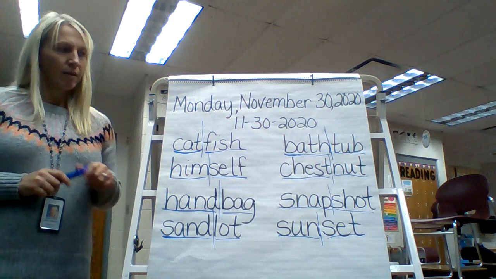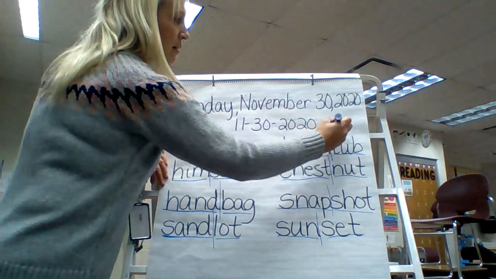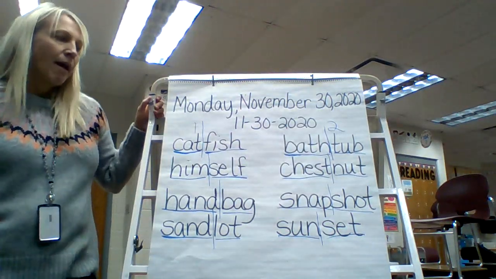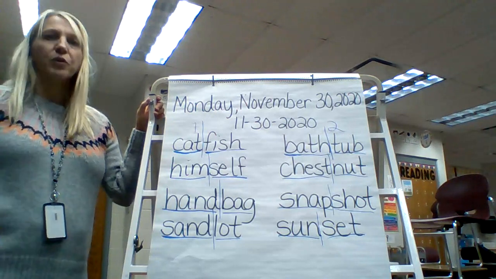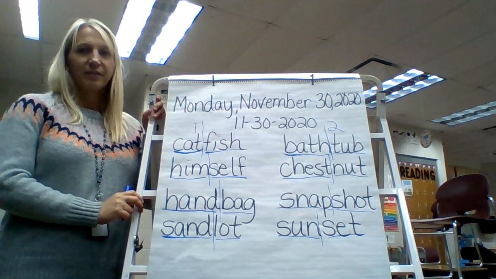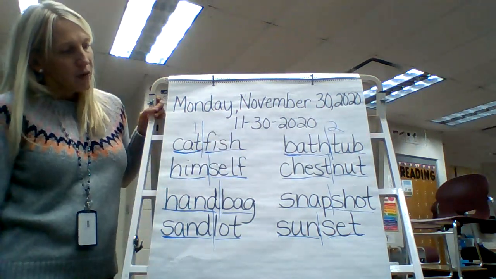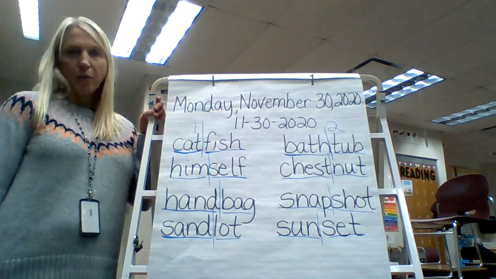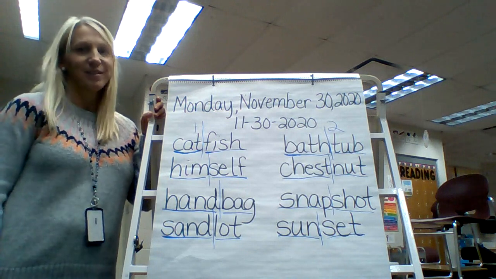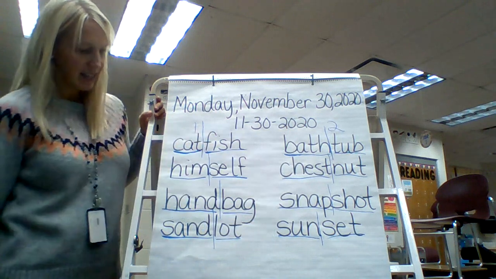Okay, so let's go ahead, I'm going to give you some clues and see if you can find the words I'm talking about. I'm looking for a word in column 2 where you might go to get clean. Bathtub. I'm looking for a word in column 2 that is an antonym for sunrise. Sunset.